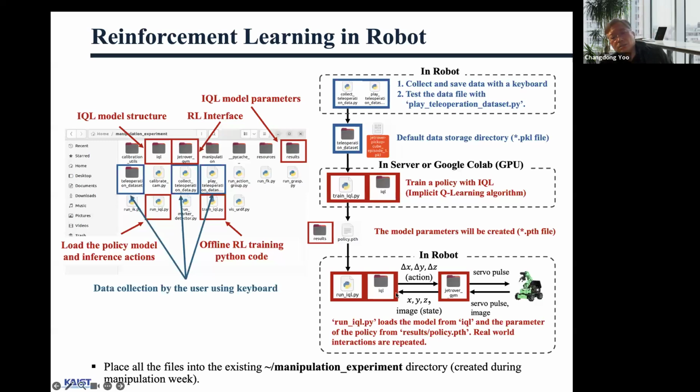To get a model for this IQL algorithm, all the parameters are stored here. And you can run this model by this run IQL, which runs the parameters that have been learned from the data that was collected by the teleoperation.